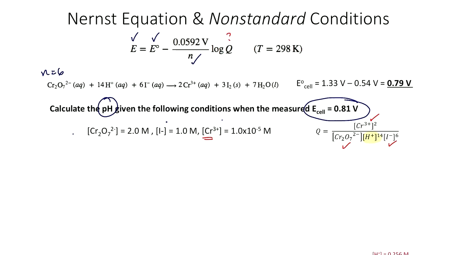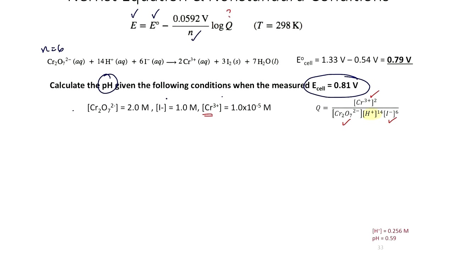All right, so same exact process. I give you the cell potential already at standard conditions. So what we're going to do is rearrange things and isolate Q and figure out what H plus has to be in order to achieve that Q value.